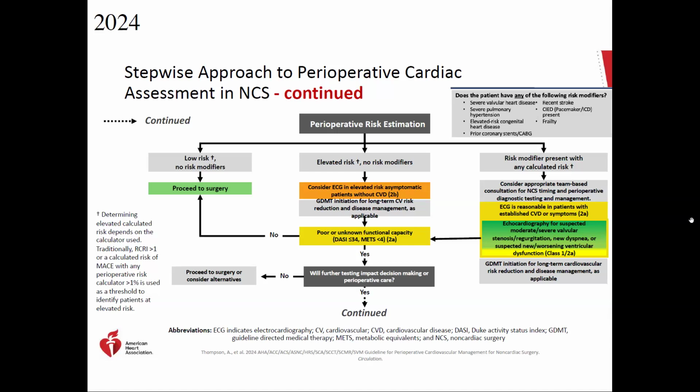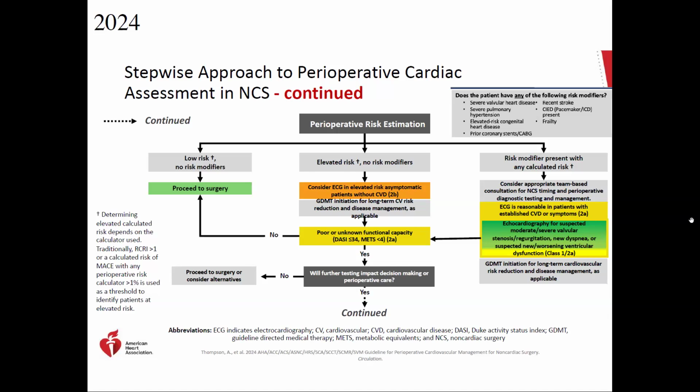You're going to consider an echo if someone's short of breath and you don't know why, and they're going for elevated risk non-cardiac surgery, right? So that's not endoscopy. Colonoscopy is not elevated risk non-cardiac surgery. But if they're going for elevated risk non-cardiac surgery, which again doesn't even apply to a lumpectomy, we're talking about those 2 columns that I showed you.